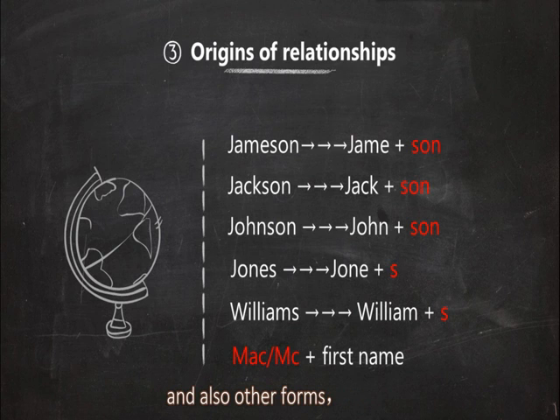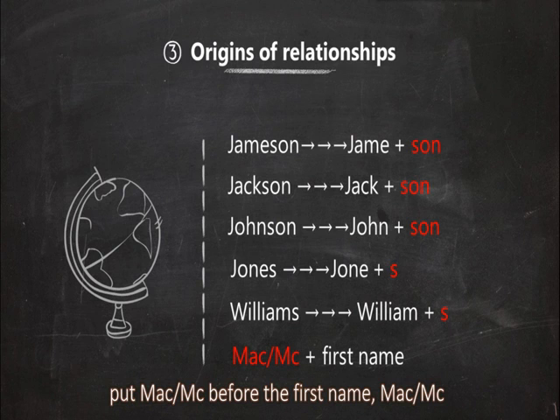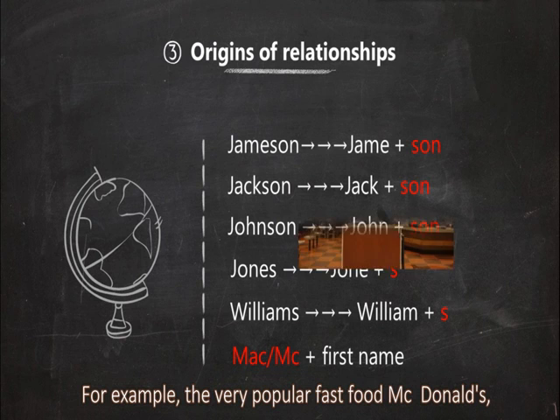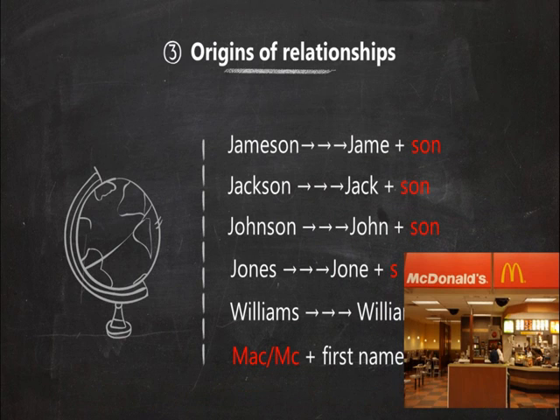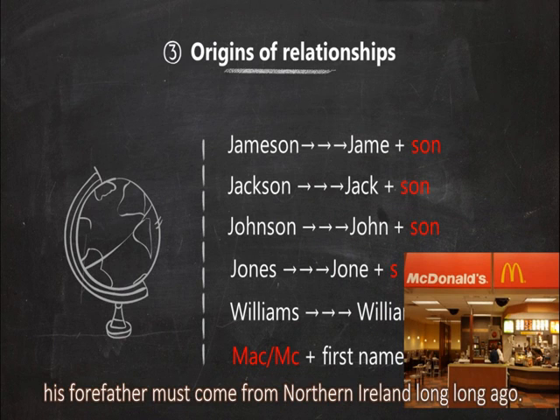And also other forms: put Mac or Mc before the first name. For example, the very popular fast food, McDonald's. His forefather must have come from Northern Ireland long ago.